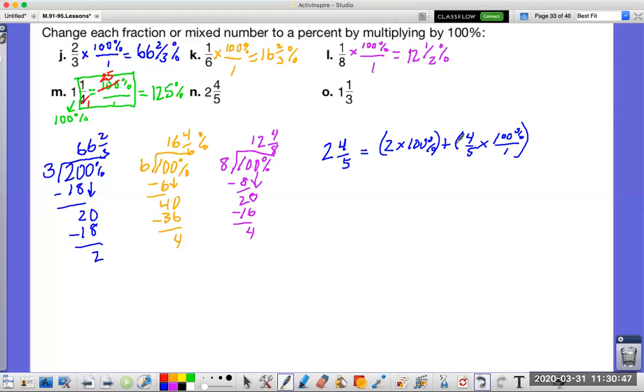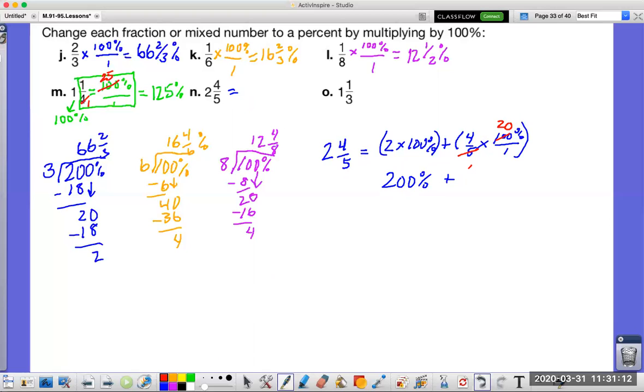If we remember to add these two pieces together, you end up with the answer to what 2 4/5 is as a percent. So this would be 200% plus, I can see that this 5 actually cancels out. This 100 divided by 5 is 20.